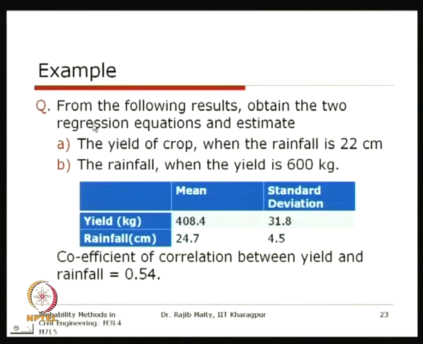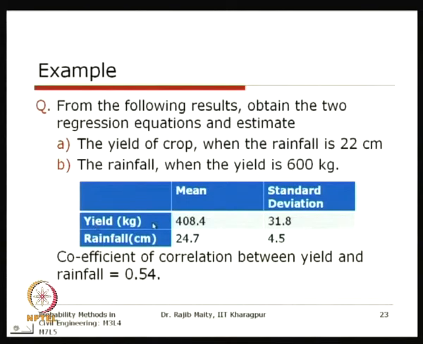So, one such example we will see now. From the following results, obtain the two regression equations and estimate the yield of crop when the rainfall is 22 centimeter, and estimate the rainfall when the yield is 600 kg. So, this is the relation between the yield and the depth of the rainfall in centimeter.